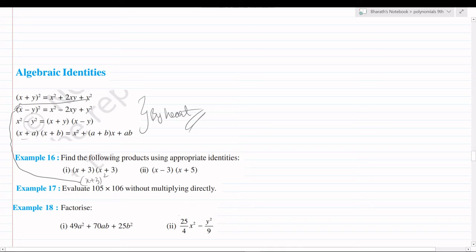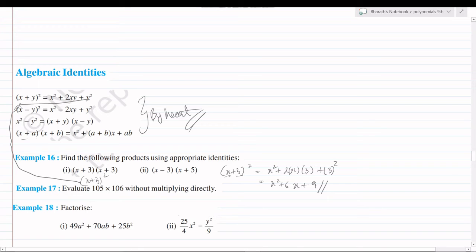So x plus 3 whole square is equal to x square plus 2, this is x, this is a, 2x into 3, plus 3 whole square, which is equal to x square plus 3 into 2, 6x, plus 9. This is just using the appropriate identities.